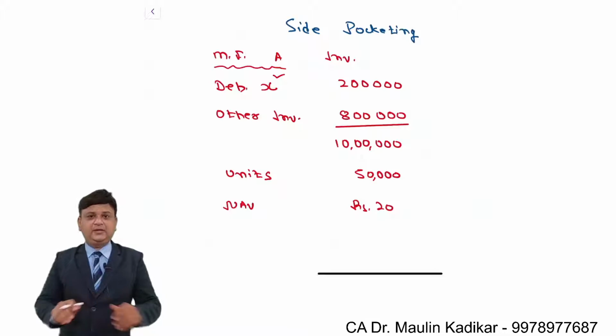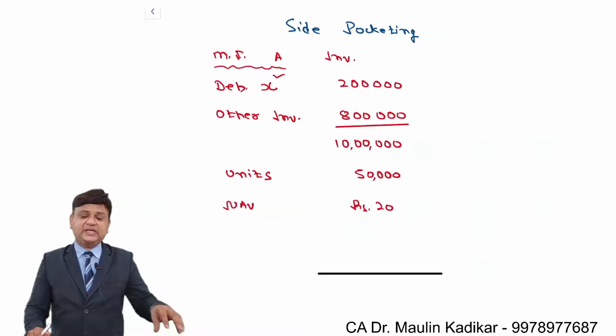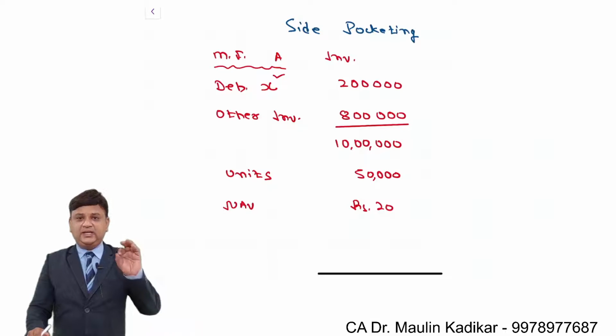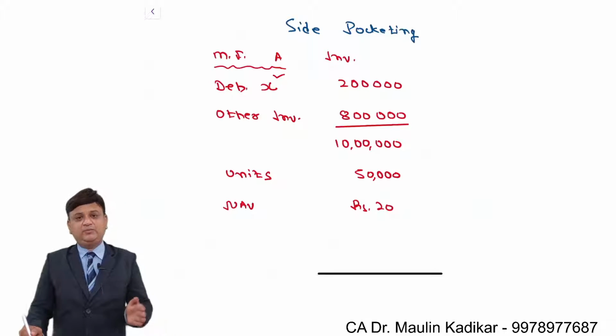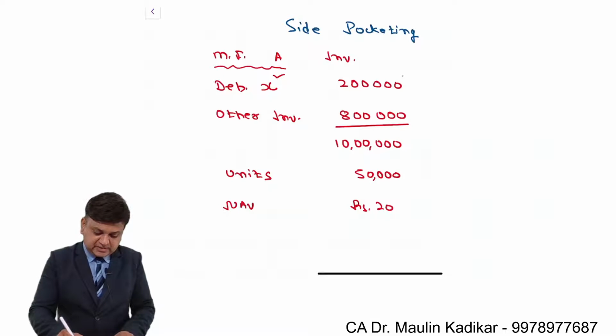Soon after that, the credit rating agencies downgrade the credit rating of the debenture of X company. Soon after that, mutual fund A is required to book the loss with respect to the investment that they have made over here.